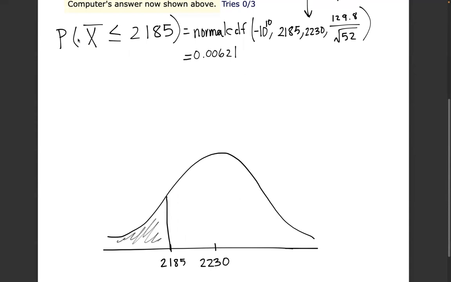So we want to find the probability that X bar is less than 2,185, so that would be the area under the curve that's shaded, because that's less than that.